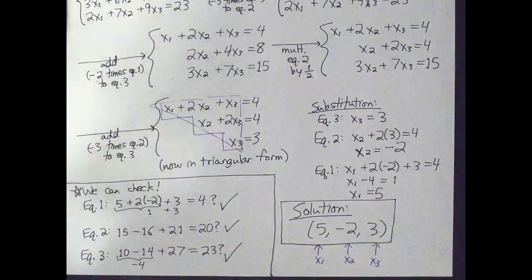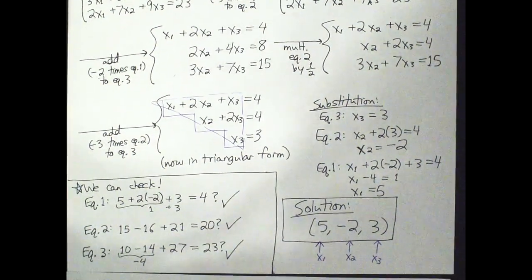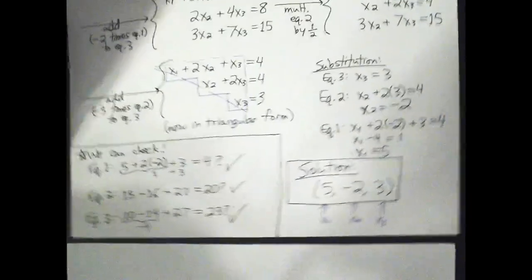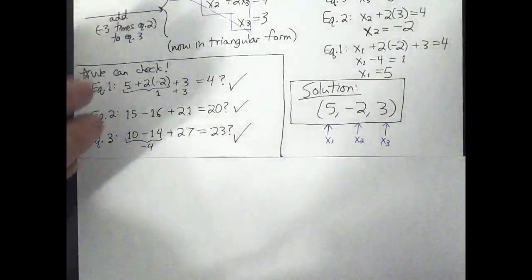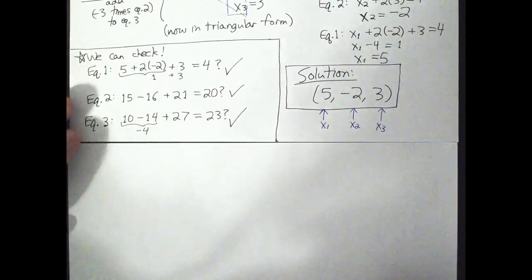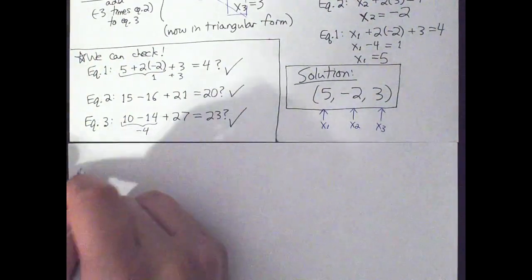All right, let's move this page up and talk about this a little more. So that problem took a while to solve, right? And it's this whole process of, the system was not in triangular form, and we followed some weird sequence of steps to try to get it into triangular form.